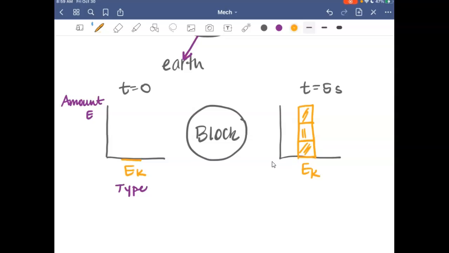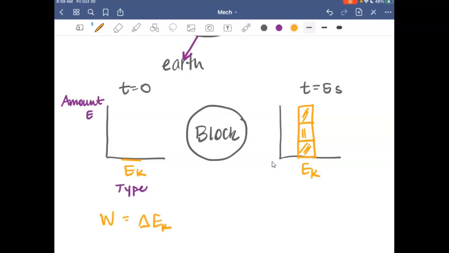Now, you've probably learned in the past that energy cannot be created or destroyed. It can only be transferred, okay? But we just talked about how work causes a change in kinetic energy. In this case, with this block, we have a force being applied to it.